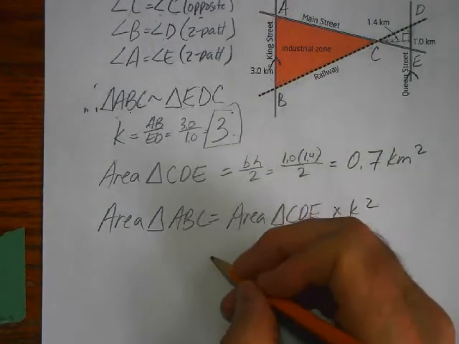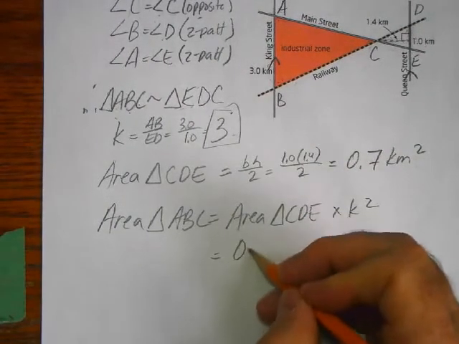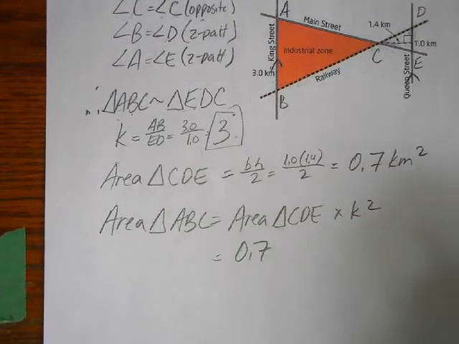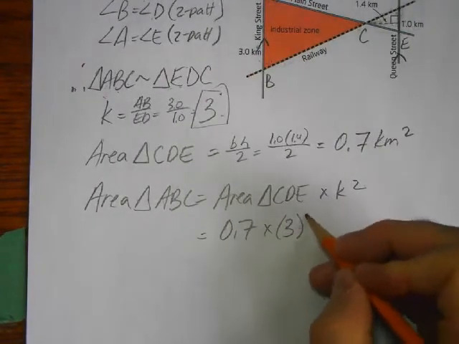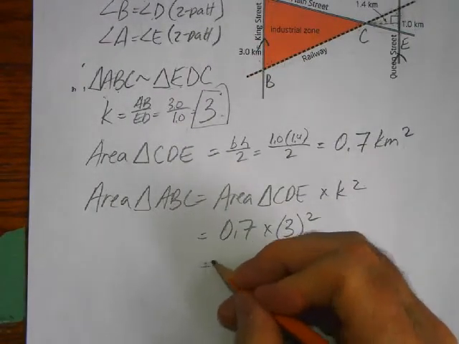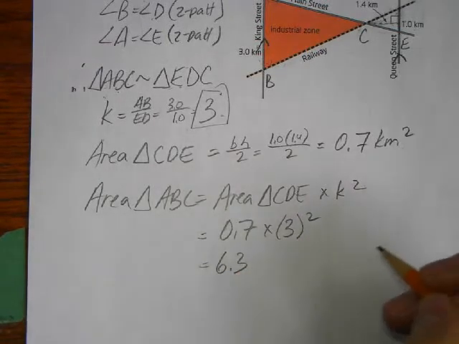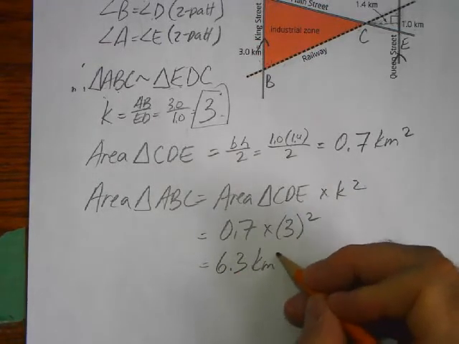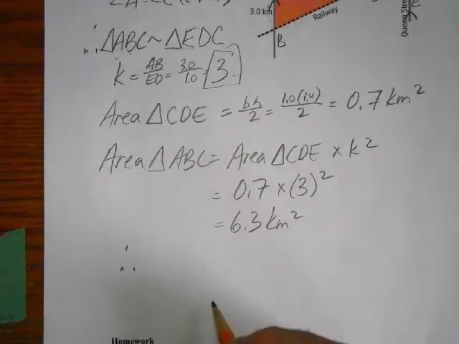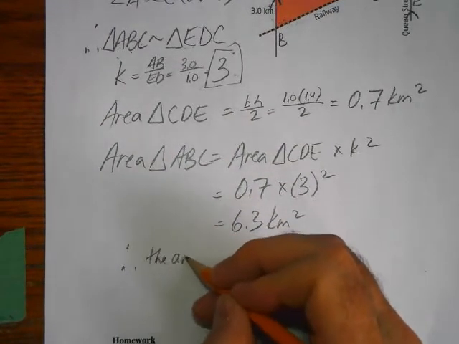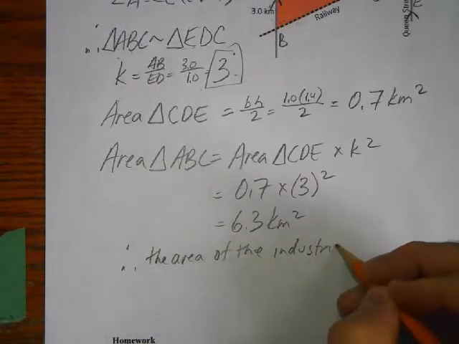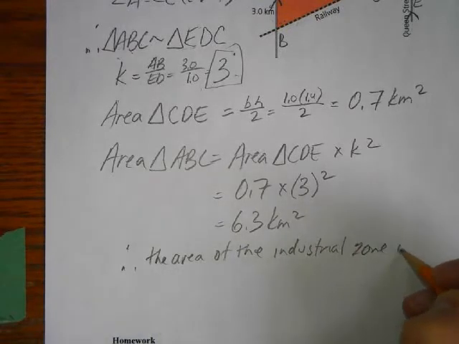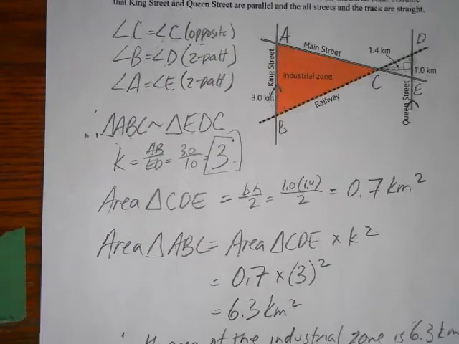The area of triangle CDE is 0.7. I'm not going to put the units in here, but we'll remember. And K was 3, so that's 3 squared, which is 9, and 9 times 0.7 is 6.3, and the units are kilometers squared. So therefore, the area of the industrial zone is 6.3 kilometers squared.